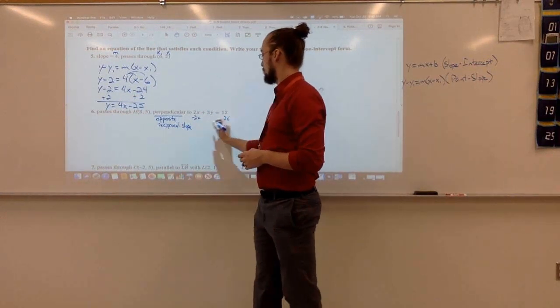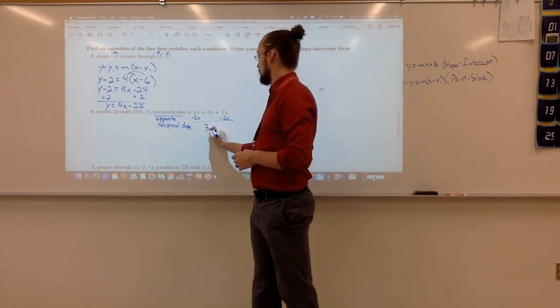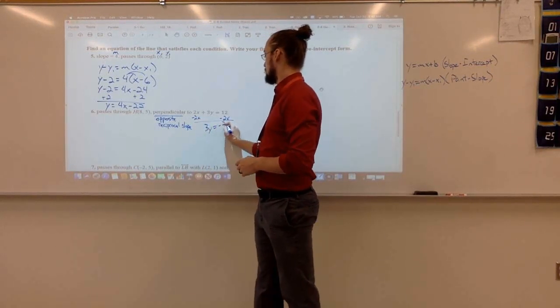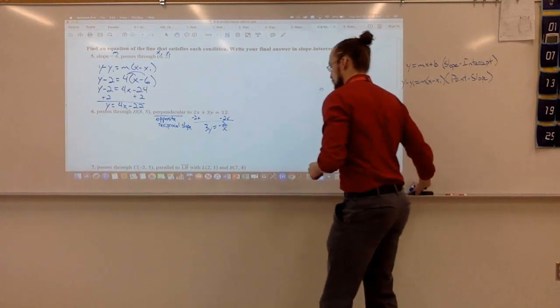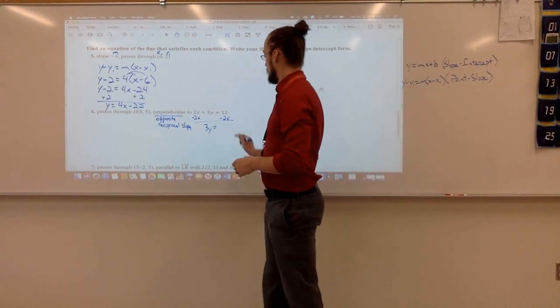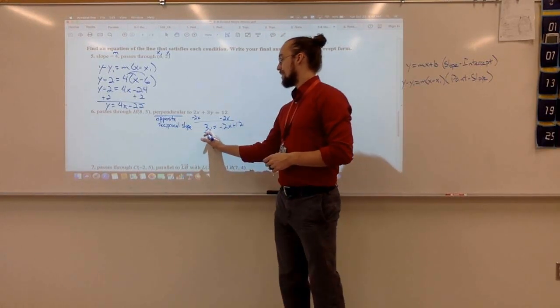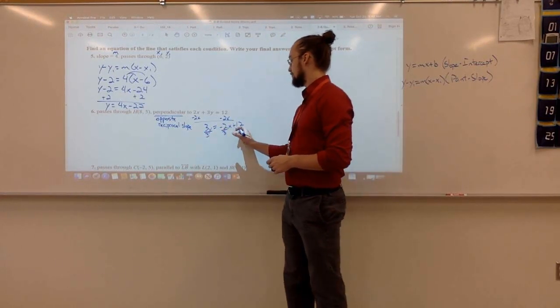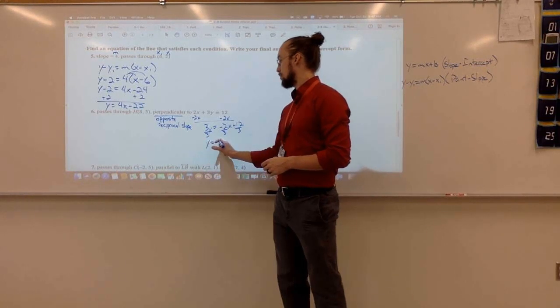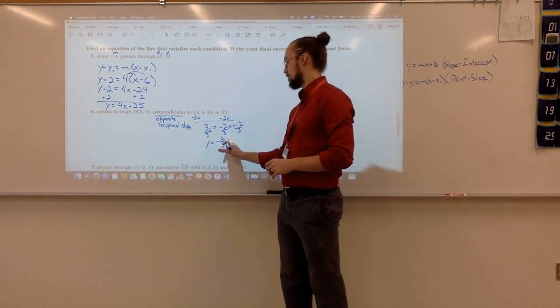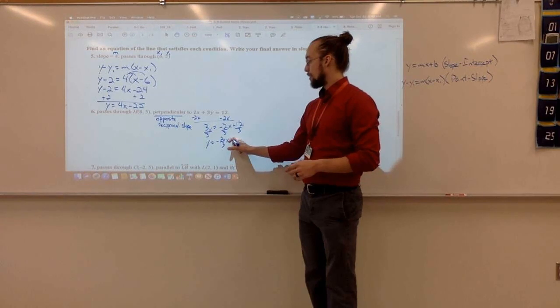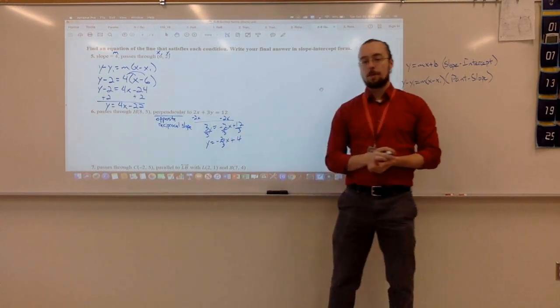So subtract 2x over. 3y equals negative 2x. Oops, not negative 2 over x. Negative 2x plus 12. Then divide everything by 3. We'll get y equals negative 2/3 x. 12 divided by 3 is just 4.